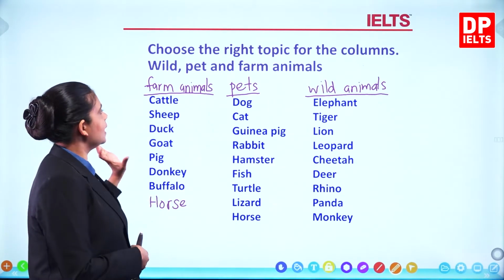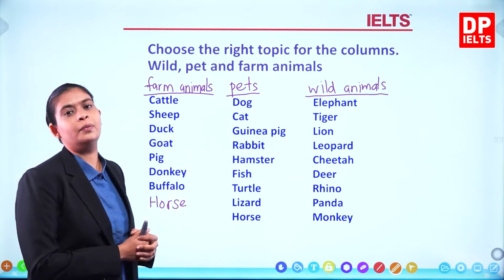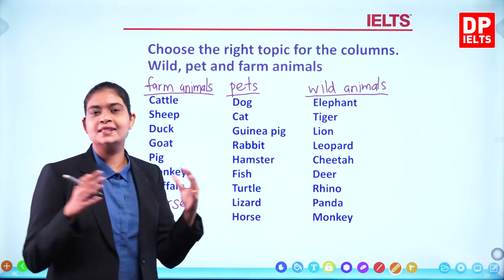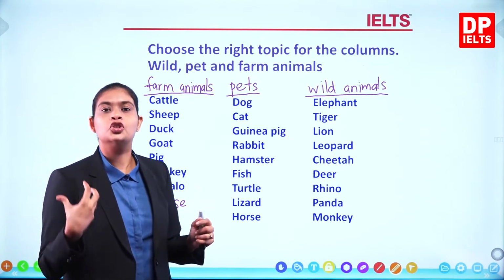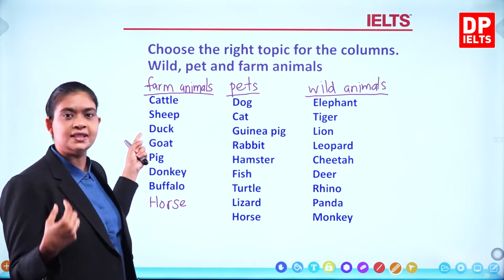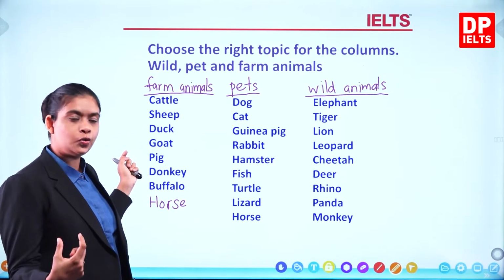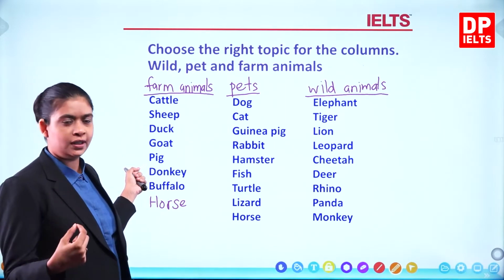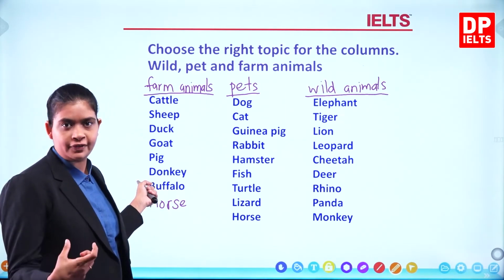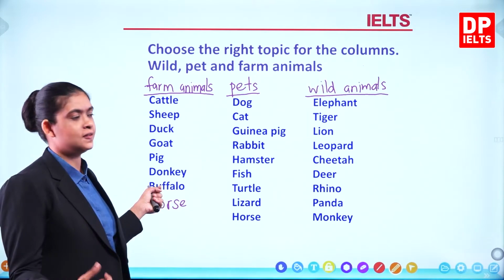So one last time, I want to go through with you the pronunciation. So let's say it together. Okay. Cattle, sheep, duck, goat, pig, donkey, buffalo, horse.